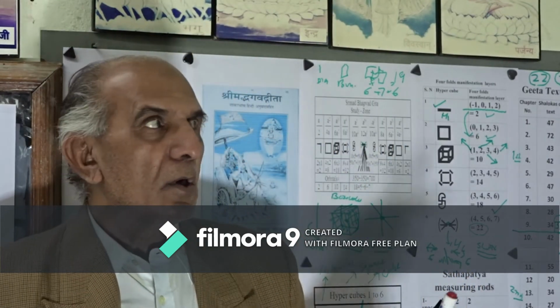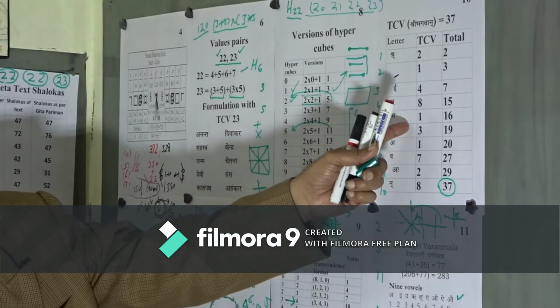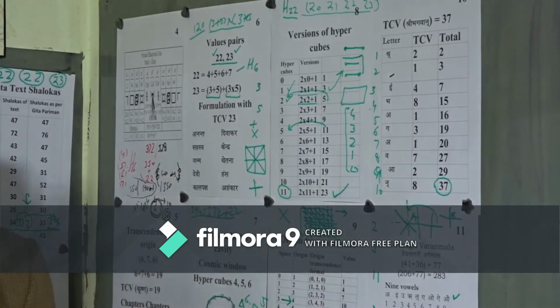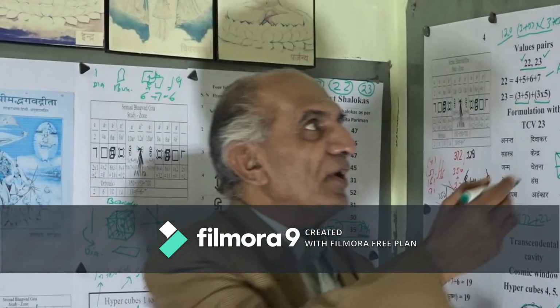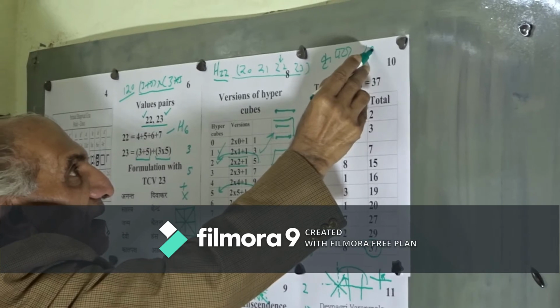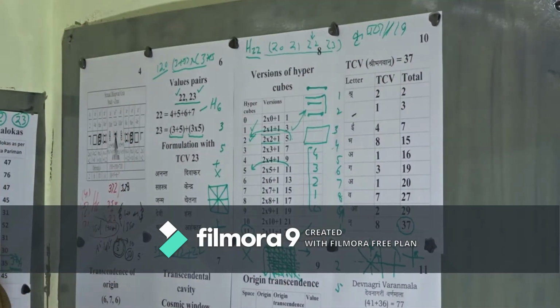Now Krishna as Shri Bhagavan is the formulation which shall be visited again and again. And we know the formulation Krishna leads us to value 19, which is equal to Madhya, middle.